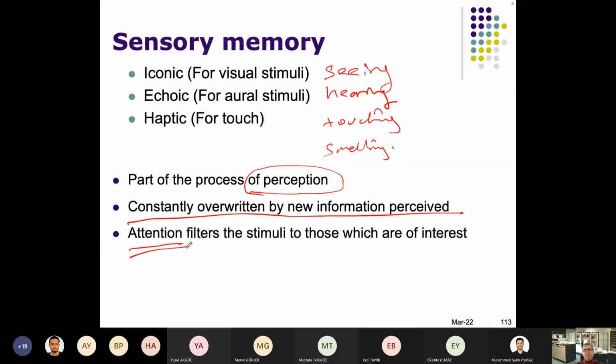For example, if I am interested in Muhammad here, I will concentrate on Muhammad, and the input coming from Muhammad or Türker or Rahmet Ali will be processed much more than others because I am paying attention. So attention direction has an effect on the sensory memory. For the eyes, it's basically through rotation of the gaze, rotation of the eyeball.